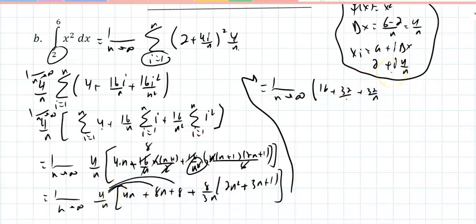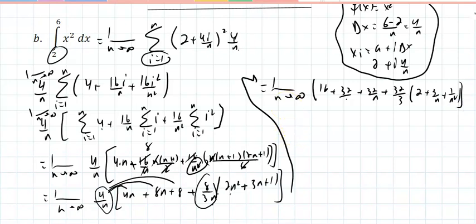There are other ways of doing this, of course. Now, if I multiply 4 over n by 8, that's 32 over 3, and that will be n squared. If I distribute the n squared in, that will be 2 plus 3 over n plus 1 over n squared. That's another way of doing the problem.